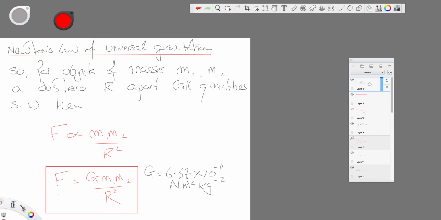This is a very small number. But if you take 1 kilogram, 1 meter away from 1 kilogram, you wouldn't expect the gravitational force of attraction between those two to be very big. So you'd expect the constant of proportionality to be quite small, and so it is.